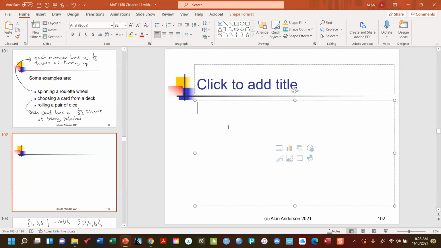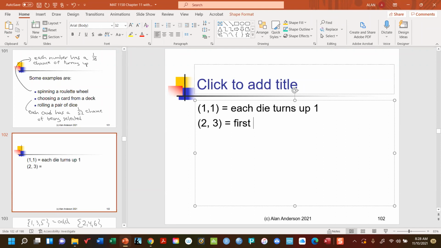The outcome 1, 1 means each die turns up 1. But if you have something like 2, 3, that means the first die is 2, the second die is 3.